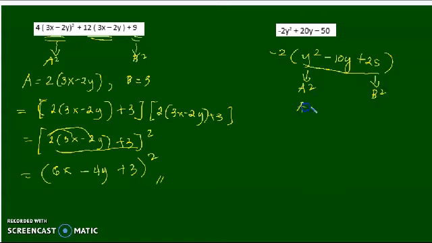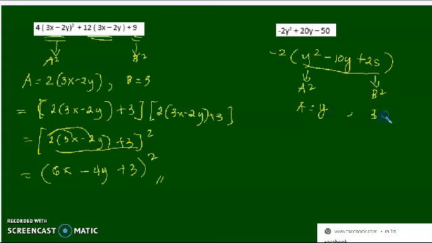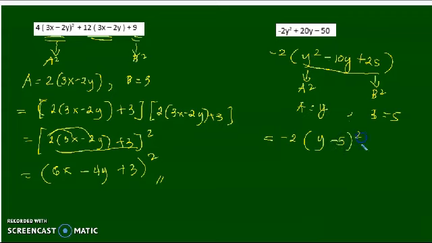So then the value of a is y and the value of b is 5. So 5 times y is 5y times 2, which is 10y. Okay? So therefore, the factors, we have negative 2 times the quantity of y minus 5 raised to the second power.